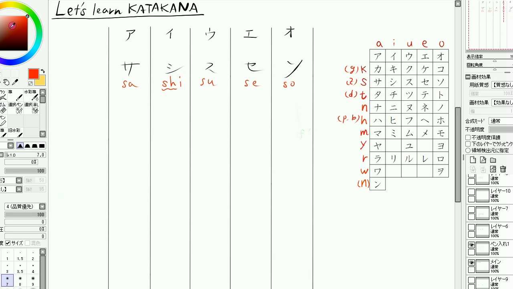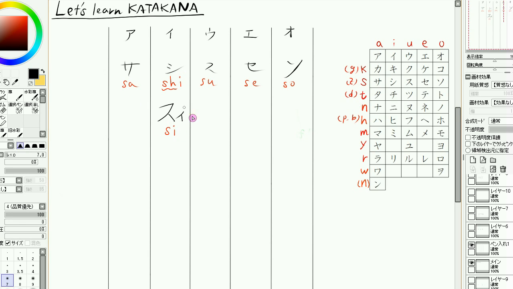We have to make the Si sound. This is how we write it: we write S and then a small e. So if you want to make the Si sound in Japanese, write it like this.